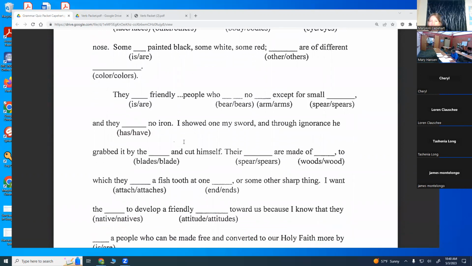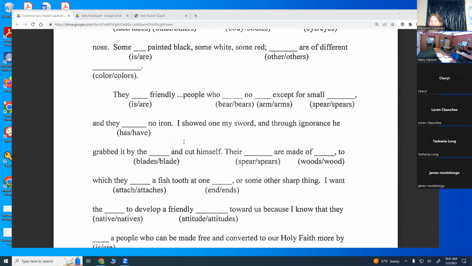They are friendly people who bear no arms except for small spears. And they have no iron. I showed one my sword, and through ignorance he grabbed it by the blade and cut himself.